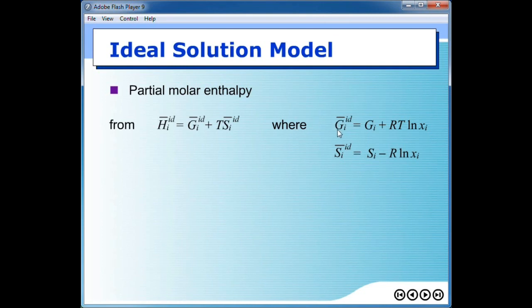Earlier we already defined the partial molar Gibbs free energy of ideal solution as well as the partial molar entropy of ideal solution like so. So just plug these two equations back in here. You get this part. And then we realize that G here is H minus TS. So the TS terms cancel out, and this term and that term cancel as well. What we have is the enthalpy of pure species i, H_i.